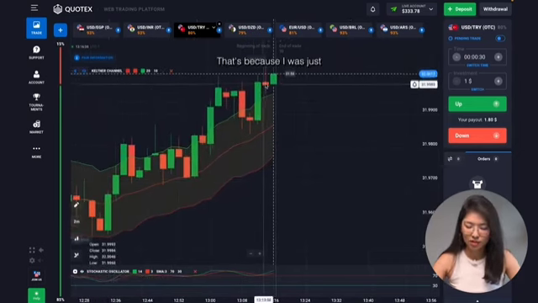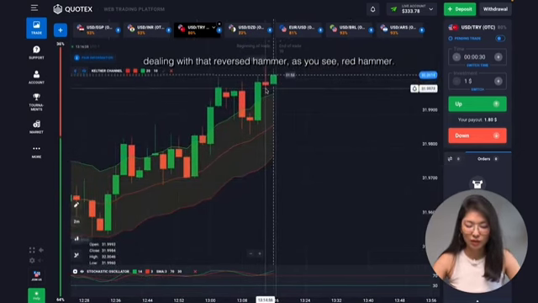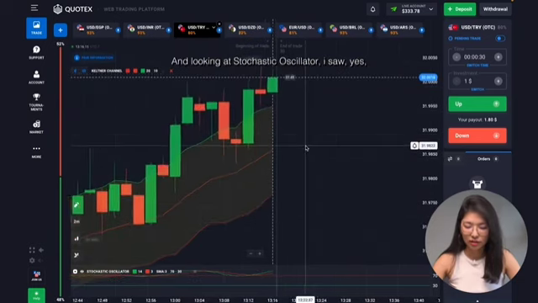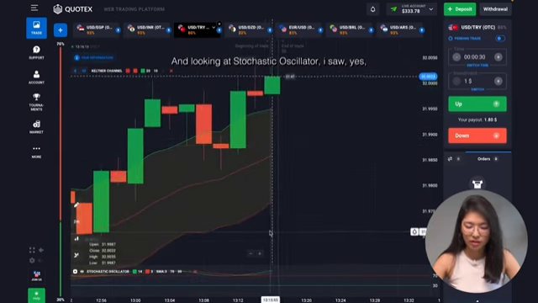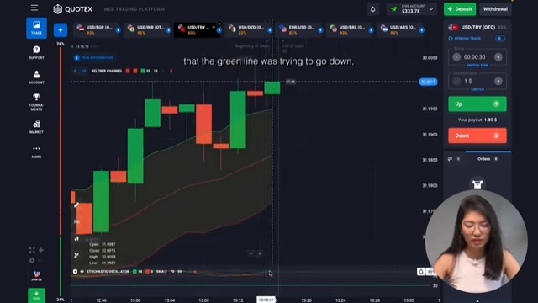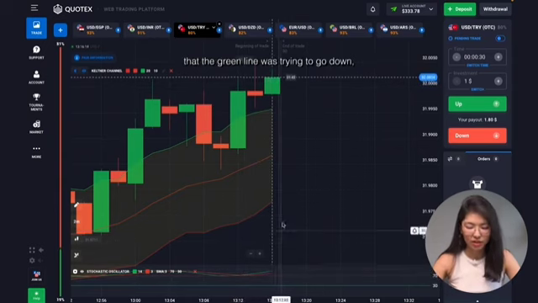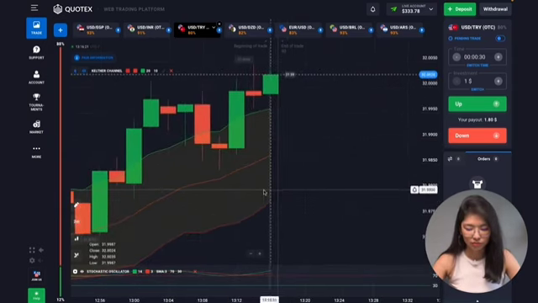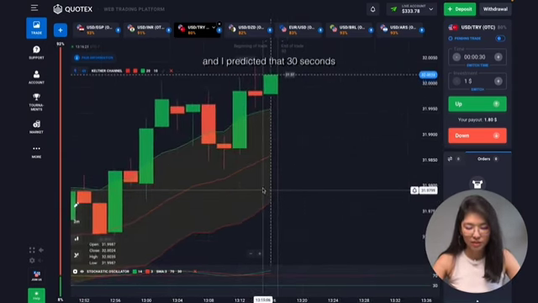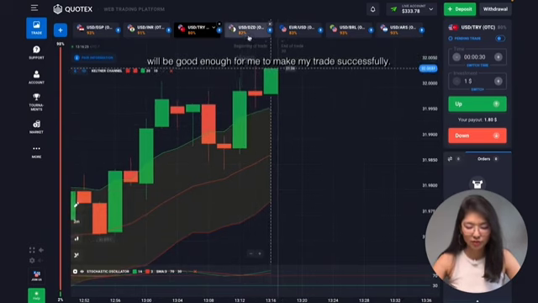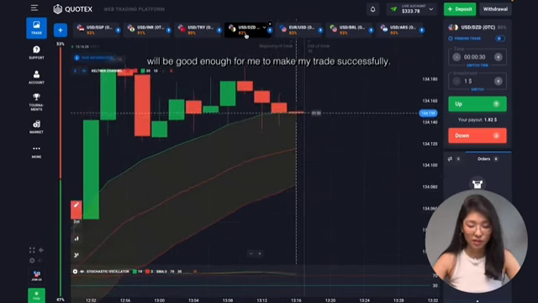That's because I was just dealing with a reversed hammer. As you see, a red hammer, and looking at the stochastic oscillator, I saw that the green line was trying to go down. And I predicted that 30 seconds would be good enough for me to make my trade successfully.